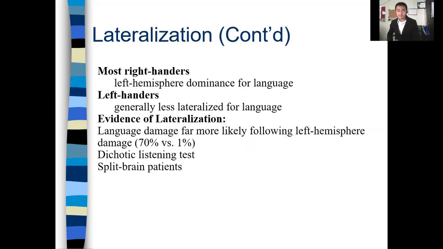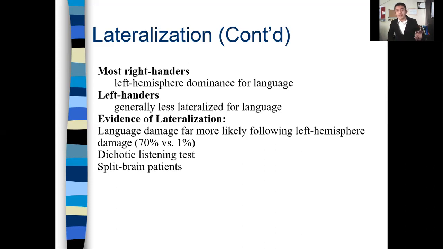As a continuation, for most right-handers, people who use the right hand, there is commonly left hemisphere dominance for language. Whereas left-handed people are generally less lateralized for language, which means they're not that involved when it comes to language because they're left-handed.